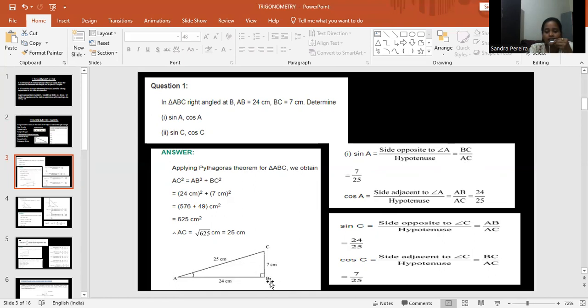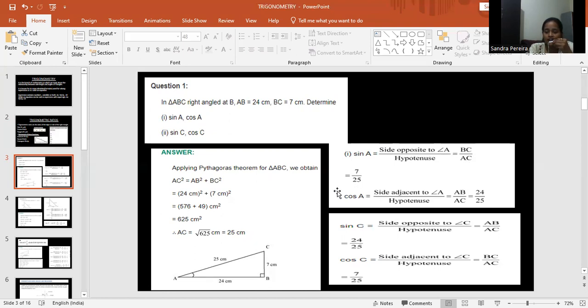So here perpendicular, that is P, is BC. That's why we wrote here BC by AC. Now BC was 7 centimeter here and AC is 25 centimeter. So we got the answer, sine of angle A is equal to 7 by 25.